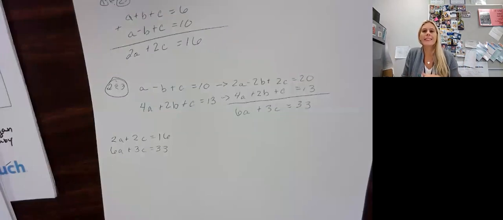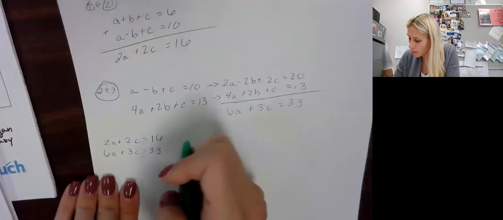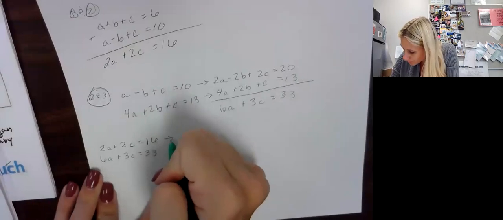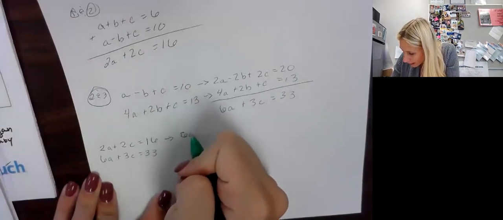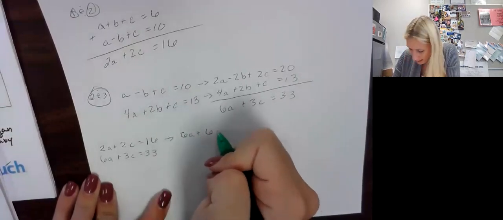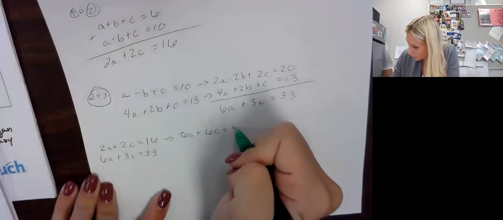Well, if I get rid of C, I would have to multiply the top and the bottom by numbers, where if I get rid of A, I can just multiply the top. Okay, so I'm going to multiply the top by 3. I get 6A plus 6C equals 48.